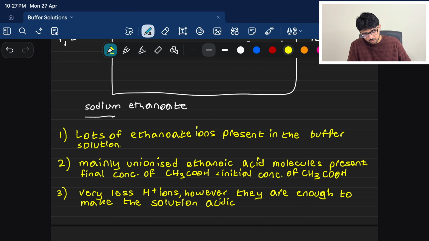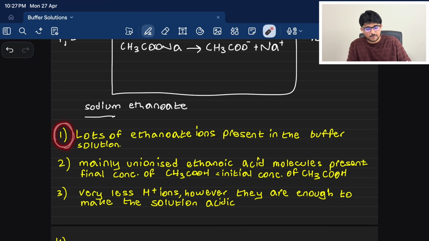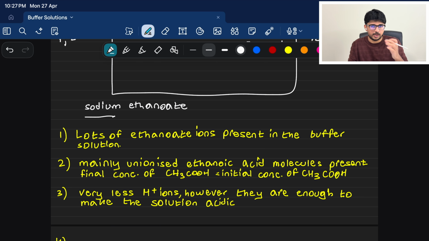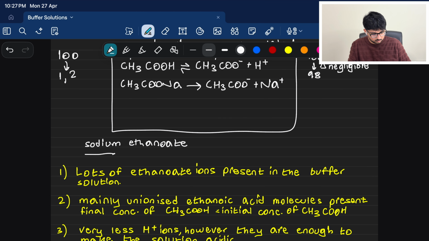Okay, now there's one more thing you need to know about, and this is expanding on point one. If I ask you to write down an equation for calculating the total ethanoate ions present in the solution, how would you write it down?